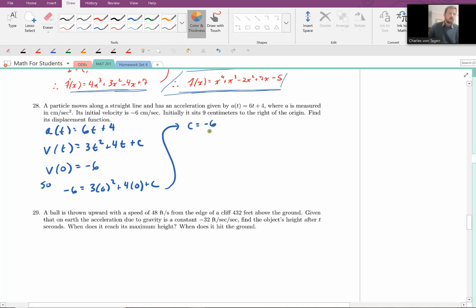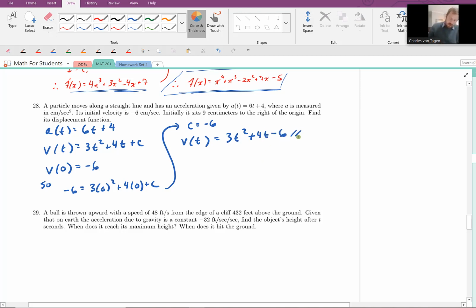By the way, you might be starting to see a pattern for initial conditions. If it's a polynomial and the condition has to do with when time is 0 or when x is 0, then it's very easy to solve for that c value. So we now know that our velocity function in its entirety is v of t equals 3t squared plus 4t minus 6. That's our velocity function.